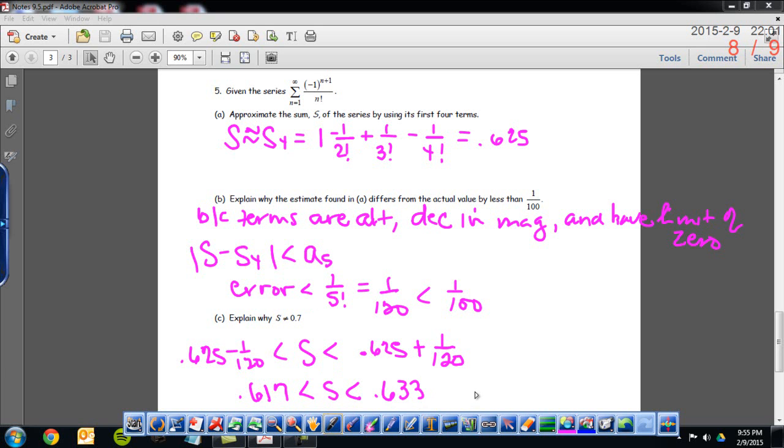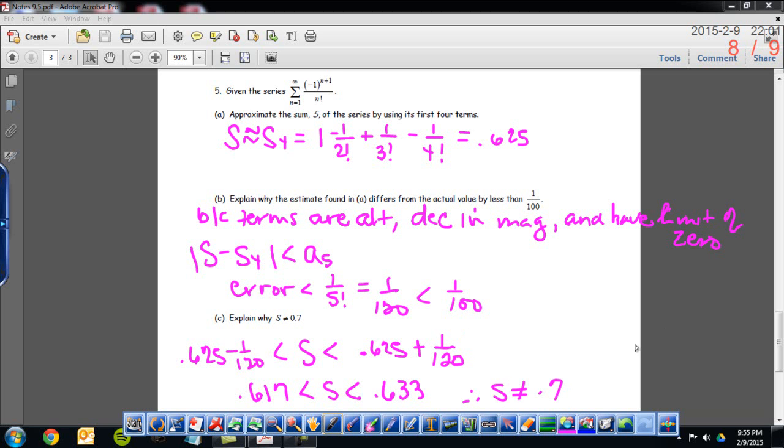And therefore, there's no way that the actual sum could equal 0.7, because 0.7 is out of that range that's bounded by our approximation and our error. So that's kind of the way I think about it.